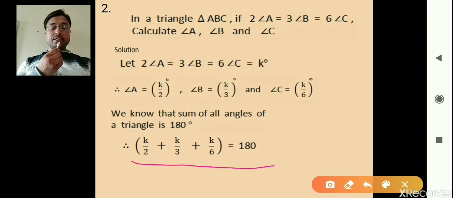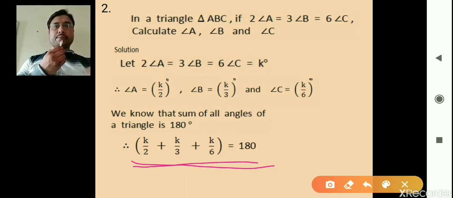In an equation, on both sides you can remove the degree, no problem, because always writing degree in the equation will be a lengthy task. After solving the equation, when the result comes, at that time you can put the degree when you are showing the value. So you write only 180, no need to write the degree in the equation.